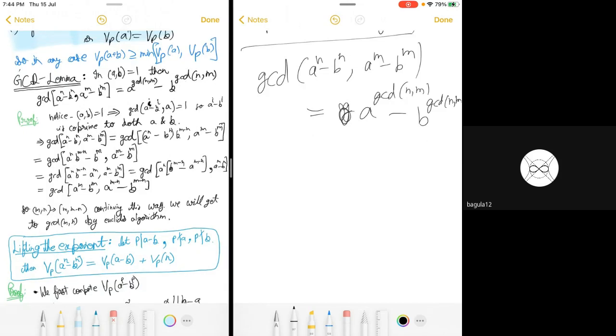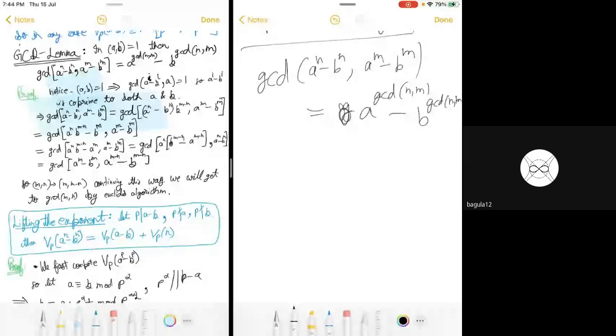Notice that A and B are co-prime. So A to the i minus B to the i and A are also co-prime. Then the GCD of A to the n minus B to the n and A to the m minus B to the m is equal to this GCD. Because B is co-prime to this, A to the n minus B to the n, this becomes this.